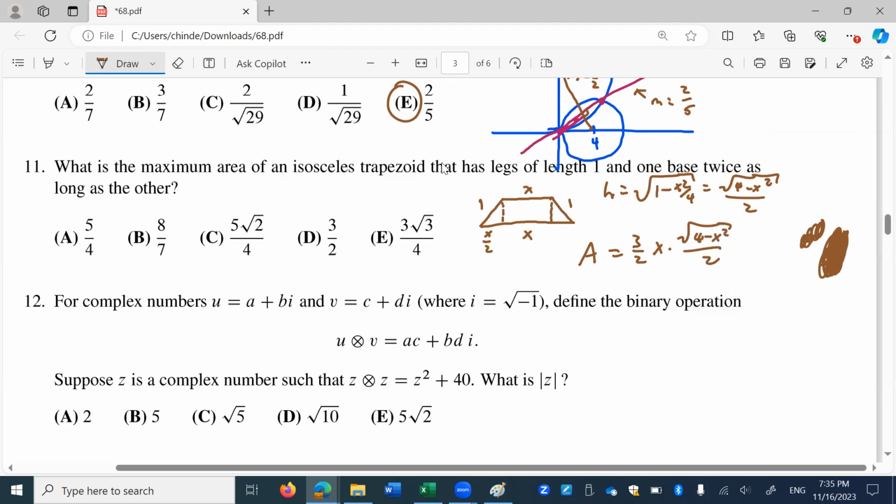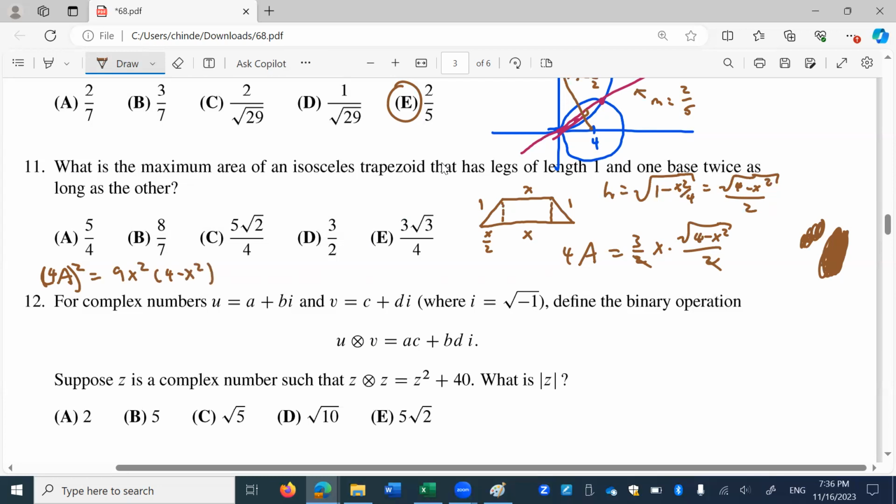Okay, so it almost feels like a calculus problem to ask for a maximum value of this function. But I don't think we have to use calculus here. If I square the area, I'll still be looking for the maximum. So area squared is going to, and let me multiply by 4 also to get rid of my fraction here, so 4 times the area squared is going to be 9x squared times 4 minus x squared.